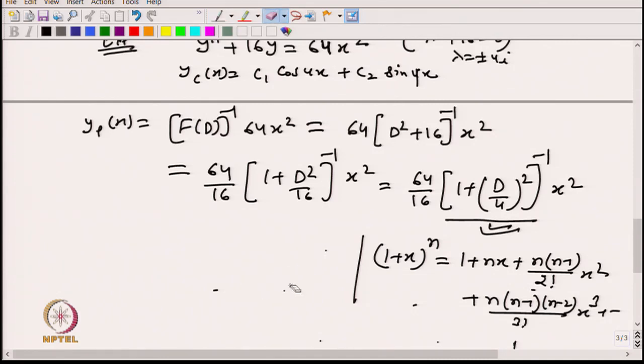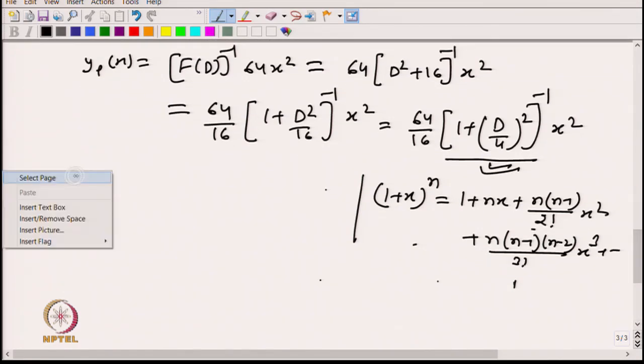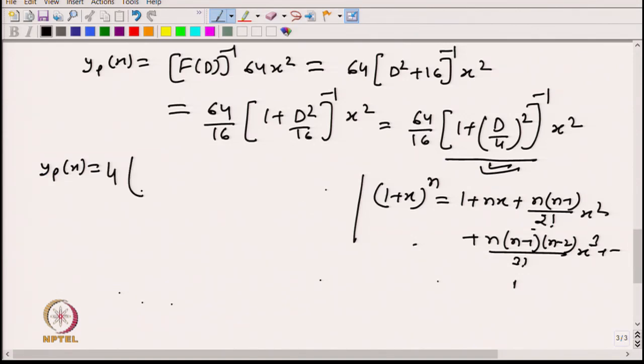So, after doing this, my y_p(x) can be written as 4, and then I expand it by the formula. So, it will be D square by 16 from here. In this case my n is minus 1, so 1 plus x to the power minus 1.